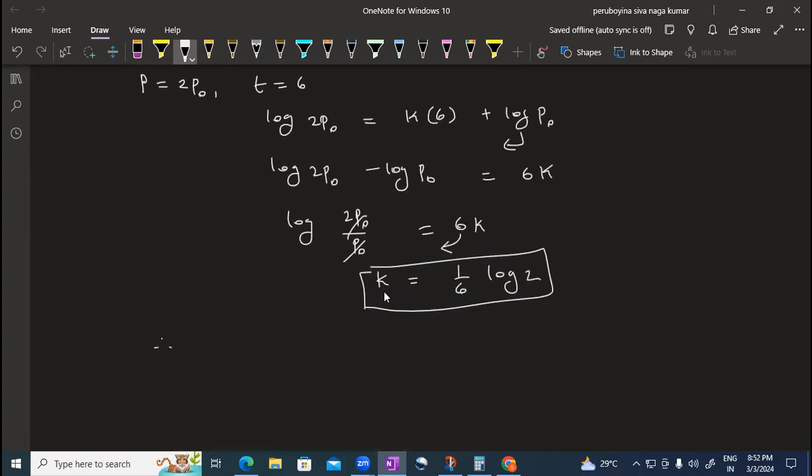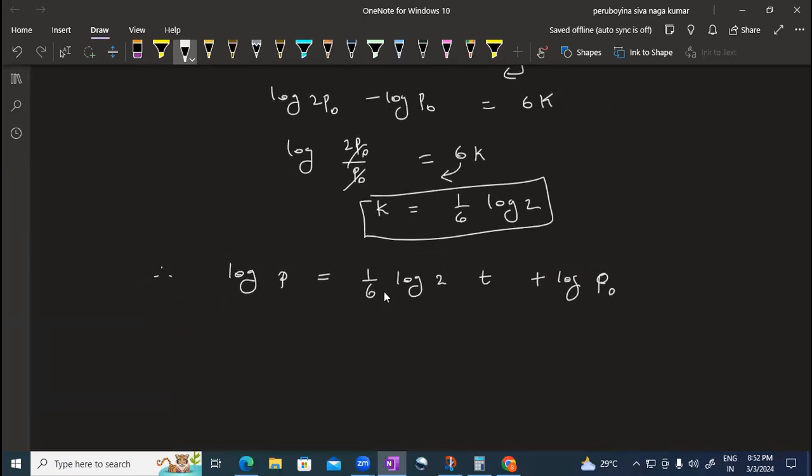Now, therefore, we have the complete equation. Log P is equal to K value, how much? 1 by 6 log 2 into time T plus C value, we got log P naught.